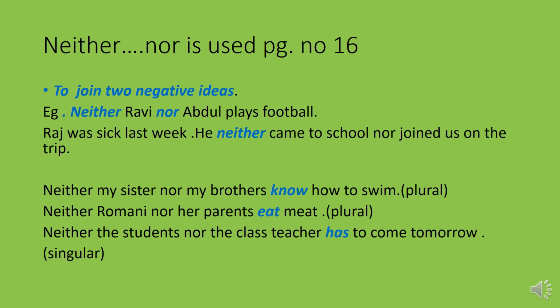Same as before, you have to put the main verb according to the subject. So you have to find the subject correctly and put the verb correctly. You have to find out whether it is plural or singular. Neither the students nor the class teacher has to come tomorrow. Let's move on to the next slide, children.